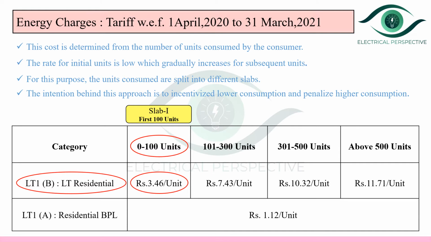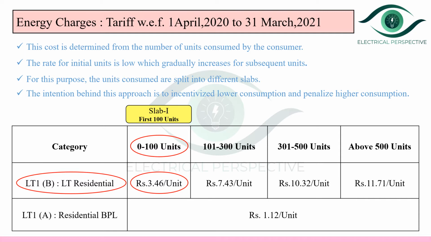Please note that the number of units considered under each slab will depend upon the billing period. This table considers a billing period of 30 days, that is 1 month. But the actual billing period may vary, like 28, 29 days, 31, 32 days, like this.